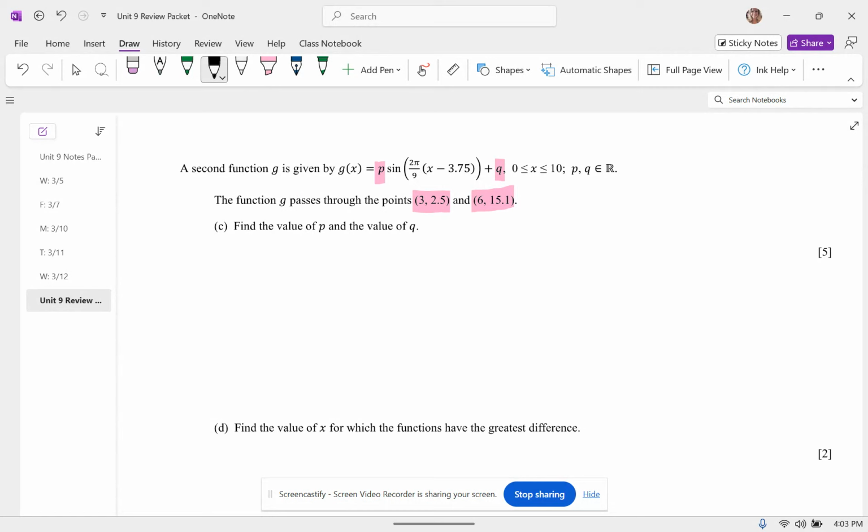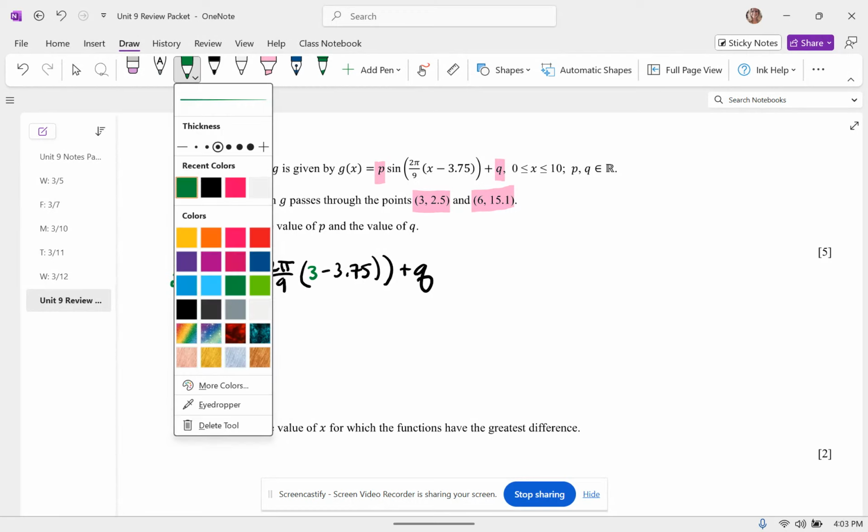So for the point (3, 2.5), I'm going to substitute that in and see what I get. Okay, and then I'm going to do the other clue. Let's do a different color.